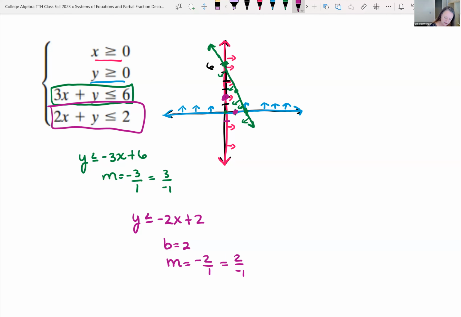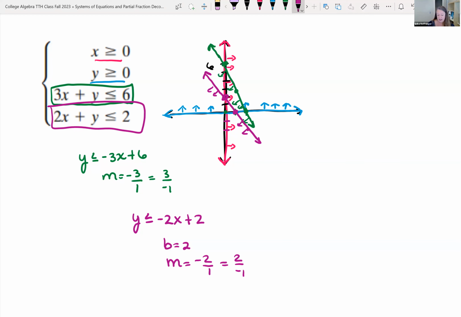If I go down another 2 over 1, I get this line in here. This is values which are less than or equal to, so I believe that I'm going to be shading to the left of this. But we can test it by plugging in 0, 0 for x and y. So 0 plus 0 is less than or equal to 2 is correct.